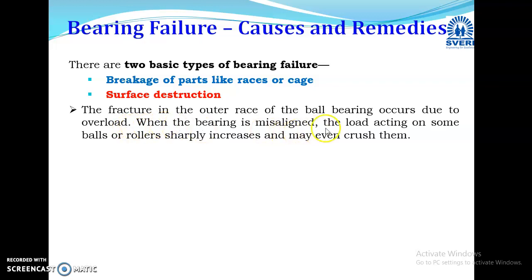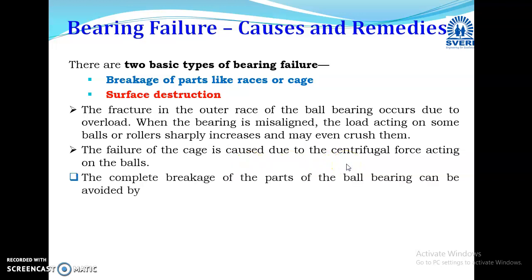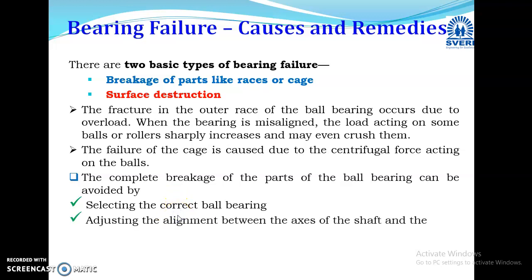When the bearing is misaligned, the load acting on some balls or rollers sharply increases and may even crush them. Failure of the cage is caused by centrifugal force acting on the balls.